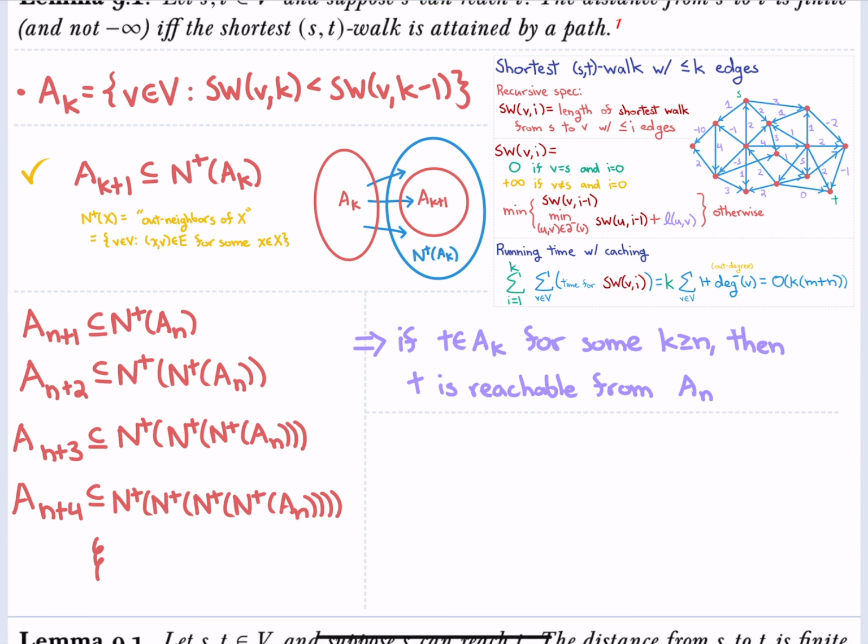Okay. Now let's look at the other direction. Suppose I have a vertex, V, that's reachable from a sub n. So S can get to a sub n somehow, and somehow you can get from a vertex in a sub n to T. Okay. What do I know about the distance from S to T?